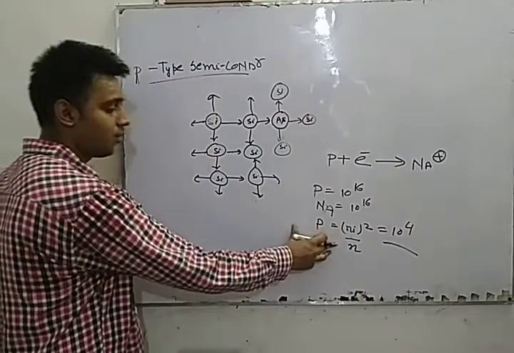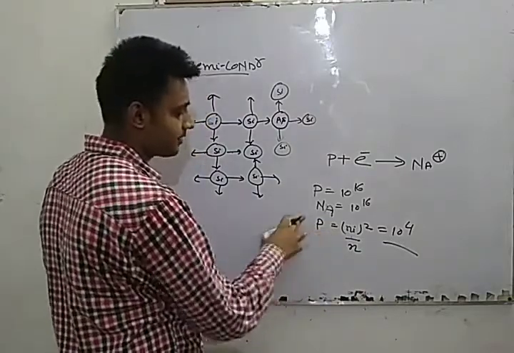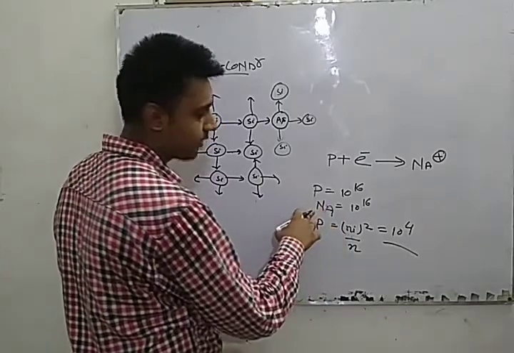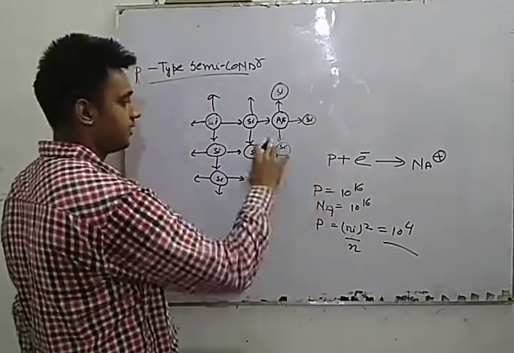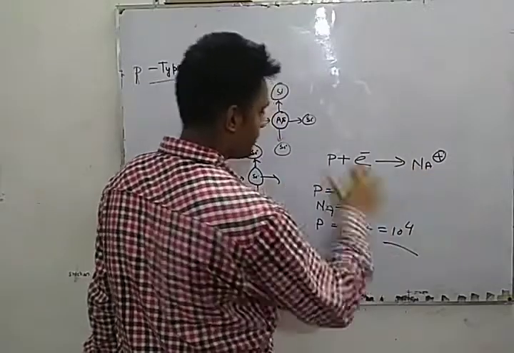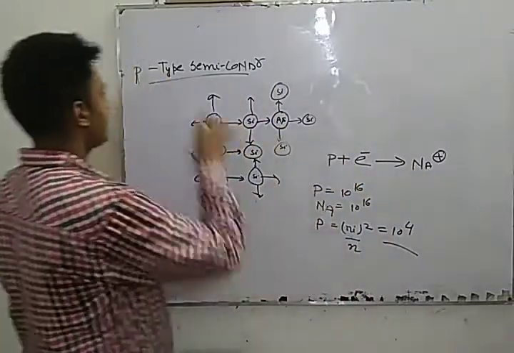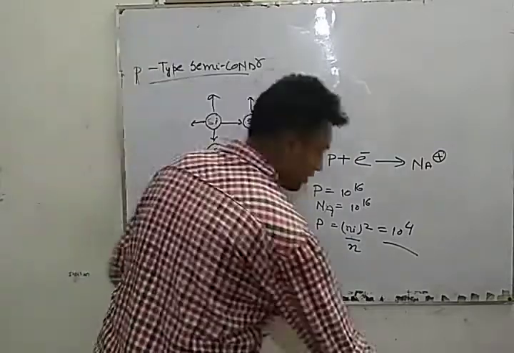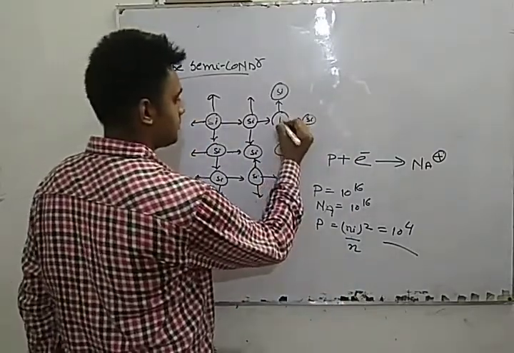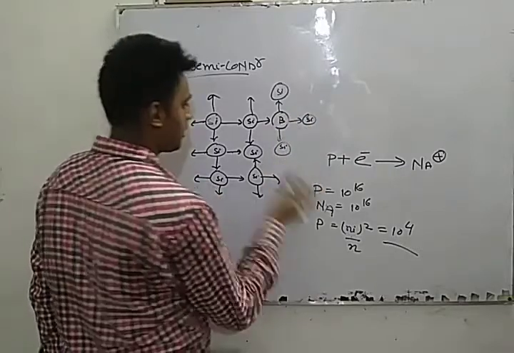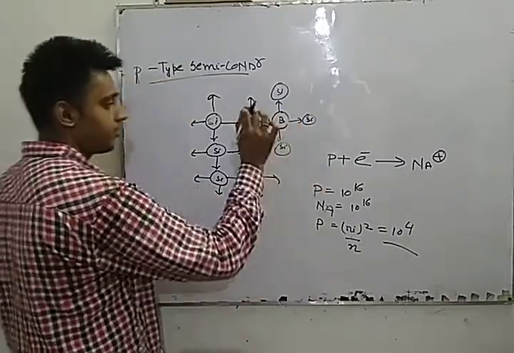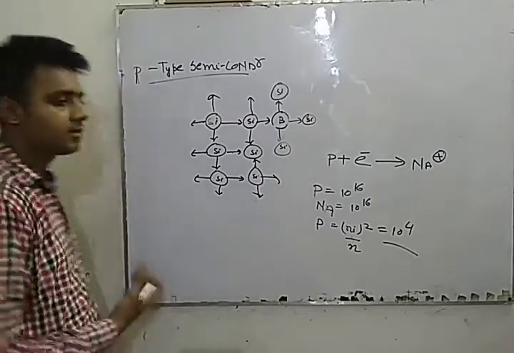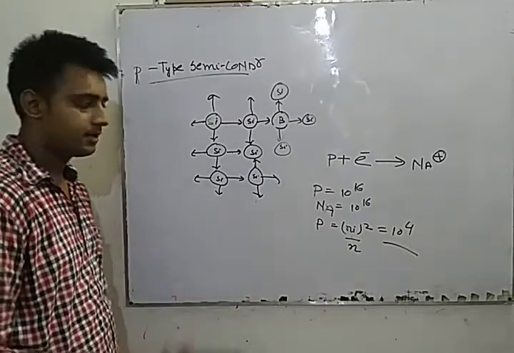Now the whole thing is reversed. Earlier that was N, right now that is P, and earlier that was Nd, right now that is Na. And here the dopant belongs to the boron family, that is boron, aluminium. So due to the boron family, the number of holes is greater than the number of electrons. That's why such a semiconductor is known as the p-type semiconductor.